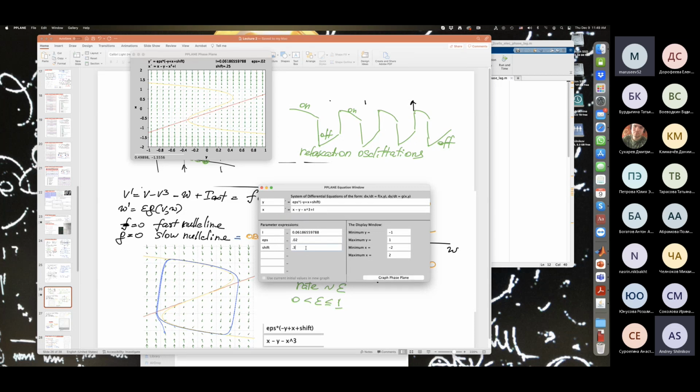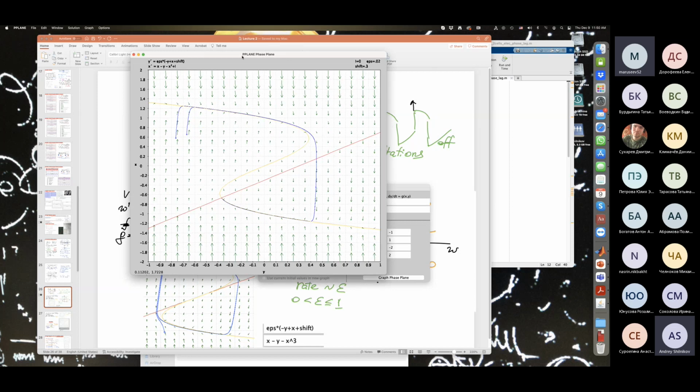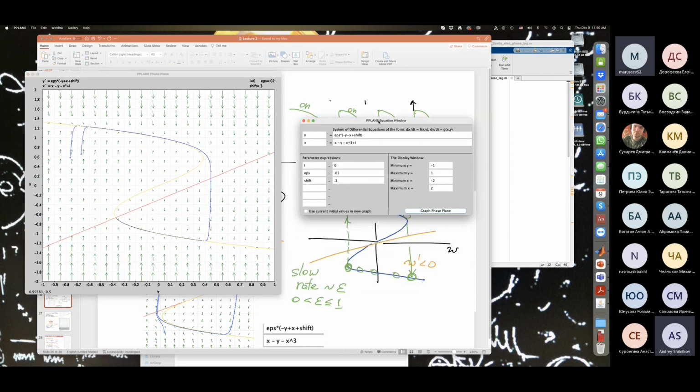I'm going to make it 0.3, and I'm going to make the current 0, who cares at this point. So I have no current, and I click, and you see I run the solutions, and they all converge to this fixed point. Let me increase the size of the window so you can see better. So I start from here, and all points converge to the steady state.